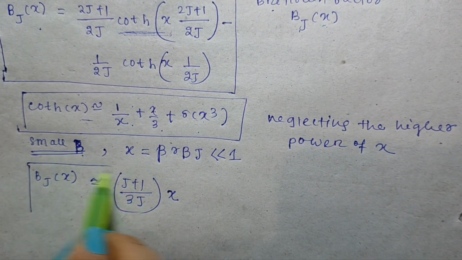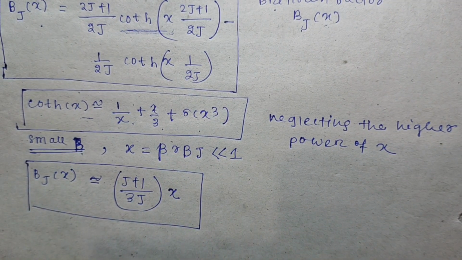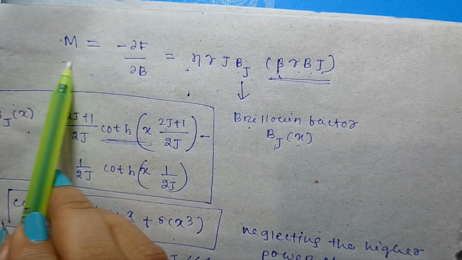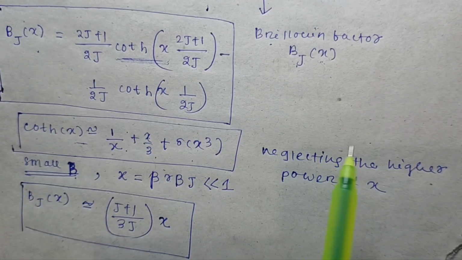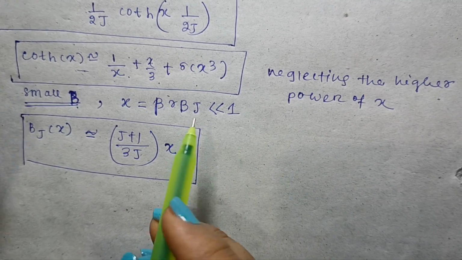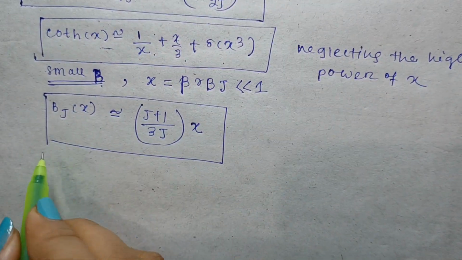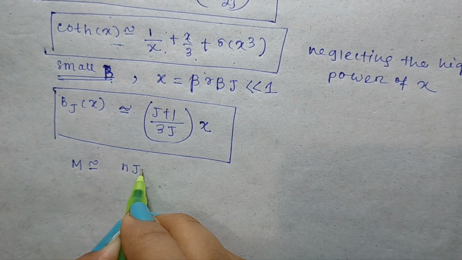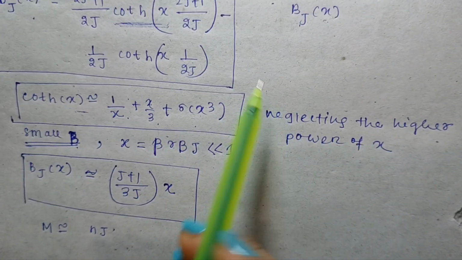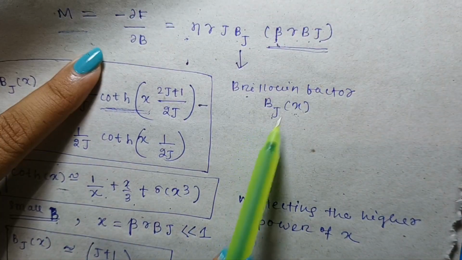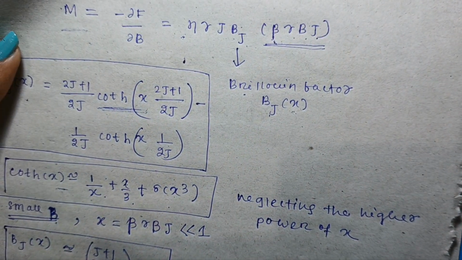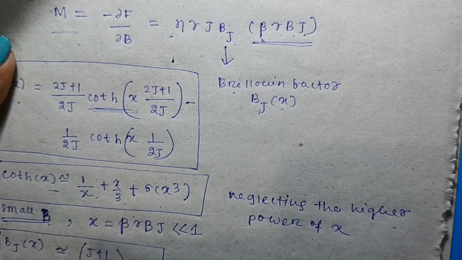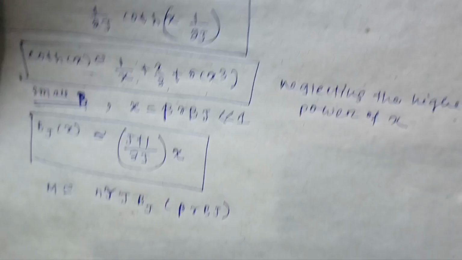Okay, now this is the value of Bj(x), and now simply put this value in the expression of magnetization. So see, it will be M approximately equal to N γ j Bj(βγBj).